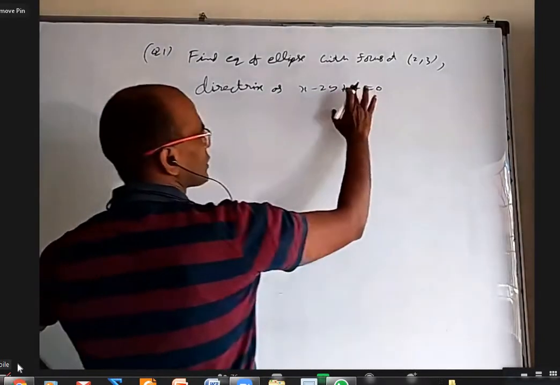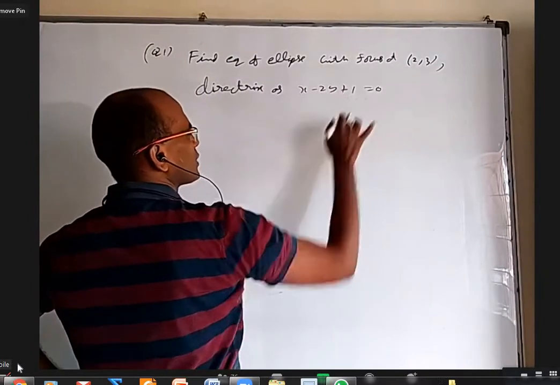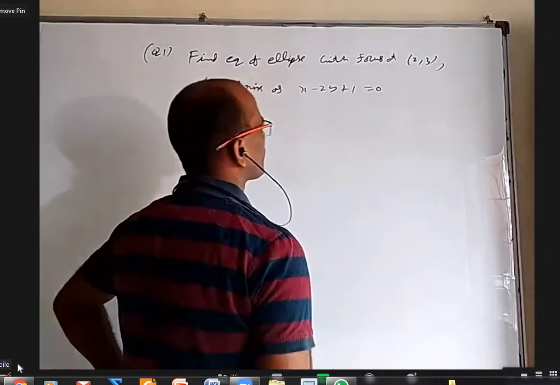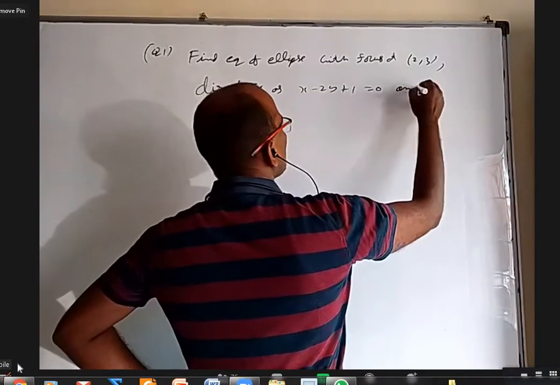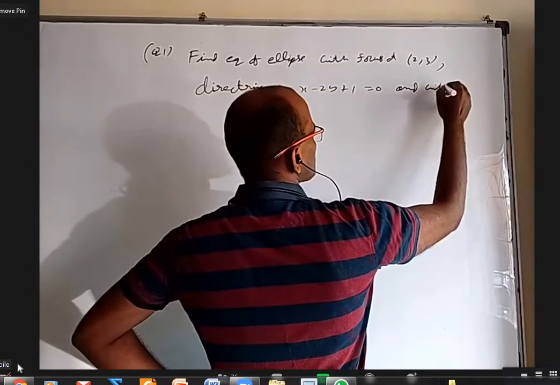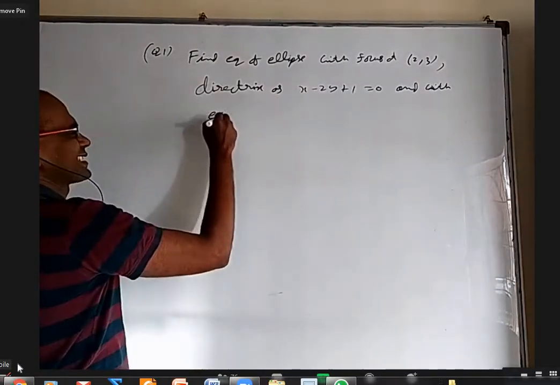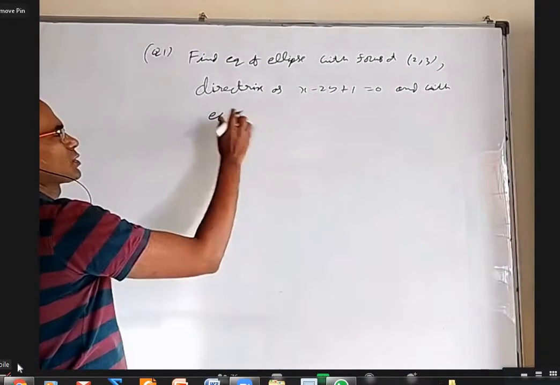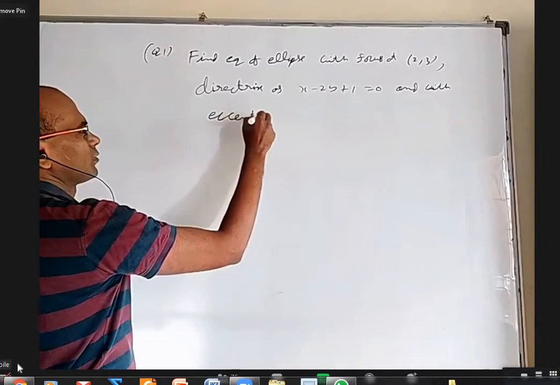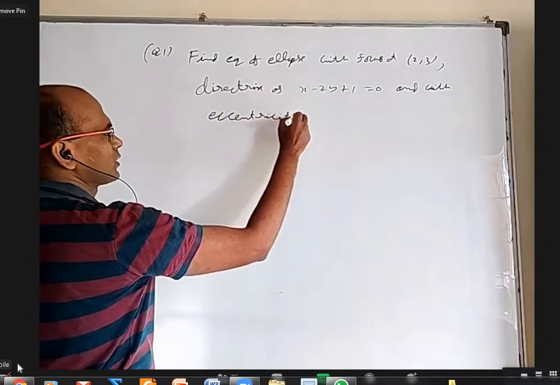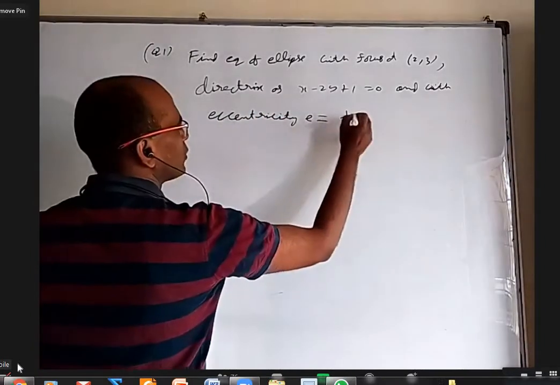Sorry, x minus 2y plus 1 equal to 0, and with eccentricity, that ratio is called eccentricity, e equal to 1 by 2.